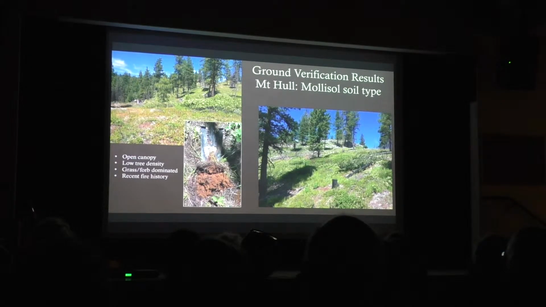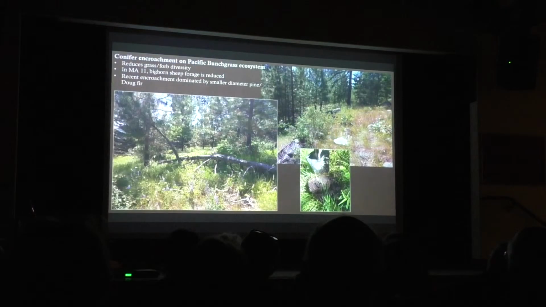So we're going to go from ideal conditions to removing fire from the landscape. Conifers are going to start encroaching on the mollisol soil types, and negative things start happening. So this is recent conifer encroachment on what I call Pacific bunchgrass ecosystems. That's bluebunch wheatgrass, fescue, legumes, arrowleaf balsamroot, and needlegrass, all those components of a Pacific bunchgrass ecosystem.